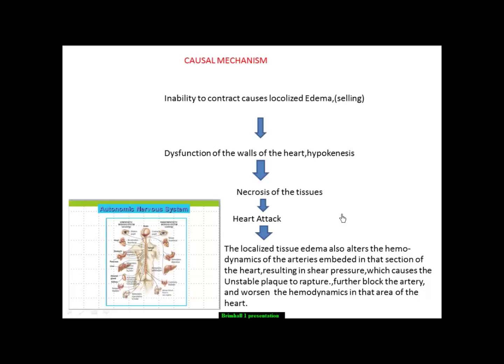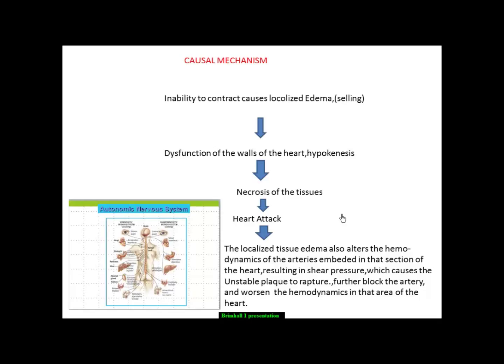The localized tissue edema also alters the hemodynamics of the arteries embedded in that section of the heart, resulting in shear pressure, which causes the unstable plaque to rupture, further block the artery, and worsen the hemodynamics in that area of the heart. Basically, living in our stressful society today creates a lot of imbalances and these kinds of situations.